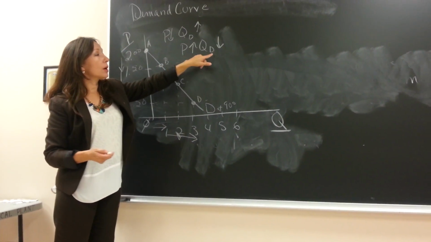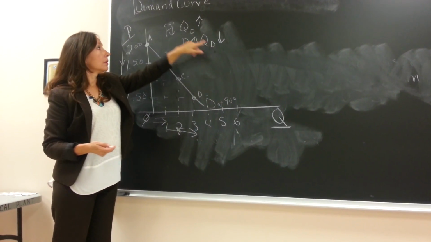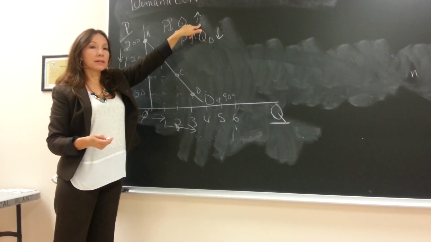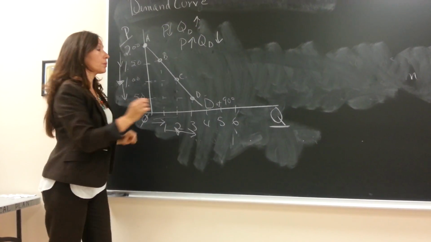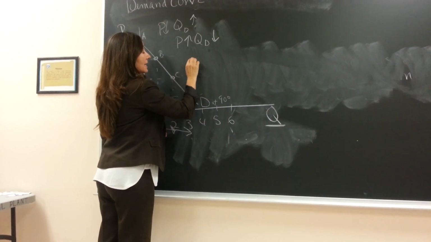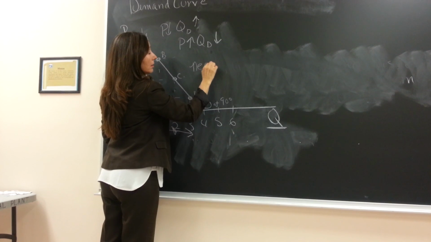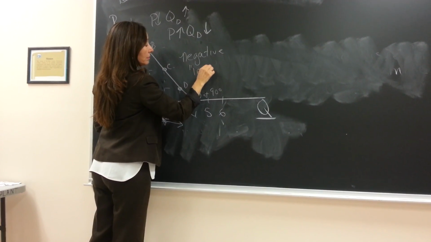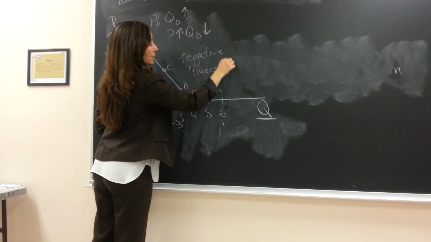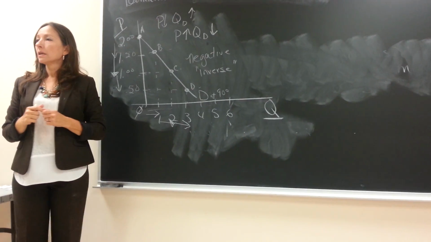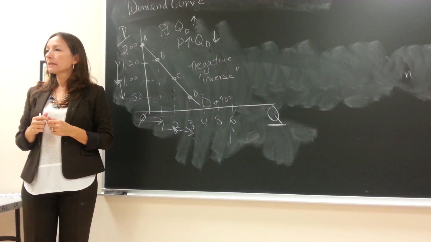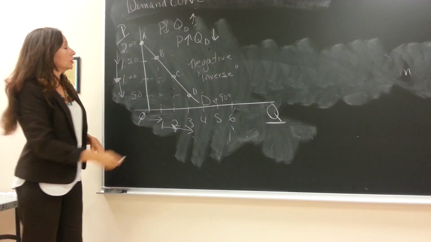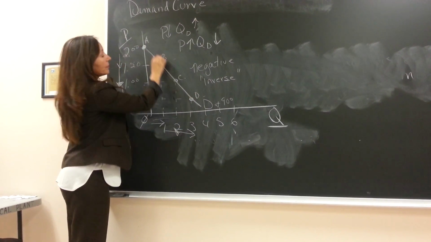Prices go up, quantity demanded goes down. Prices go down, quantity demanded goes up. Okay. So we say it has a negative or inverse relationship. Okay? Questions on that? So we just have this movement along the curve.